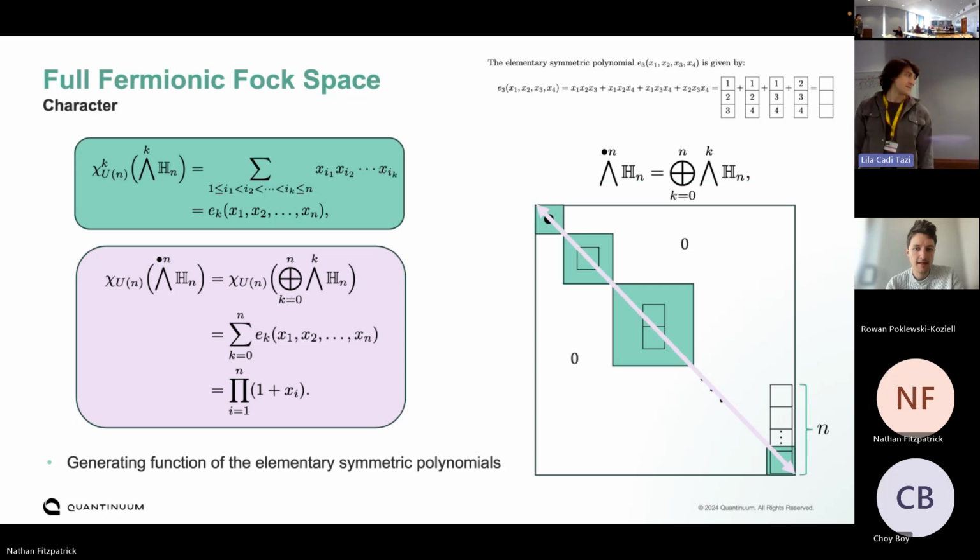Okay. And I think the number of variables in your elementary polynomial, is it literally the number of particles in your Hilbert space? So it's the dimension of your Hilbert space. It's the dimension. But then that gets filled up with number of particles k.